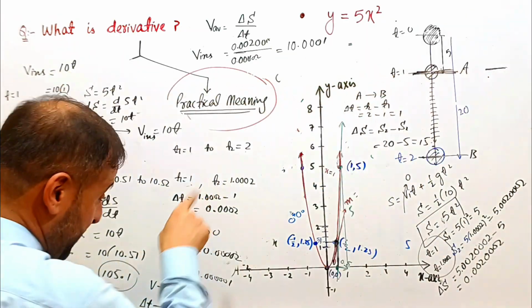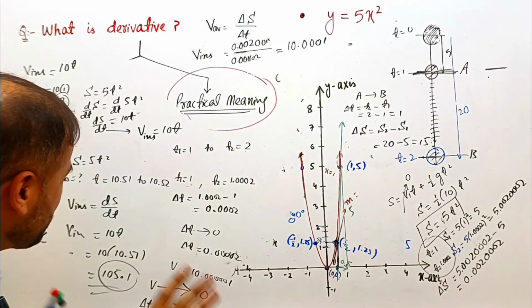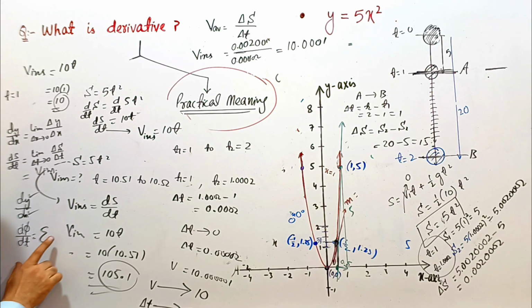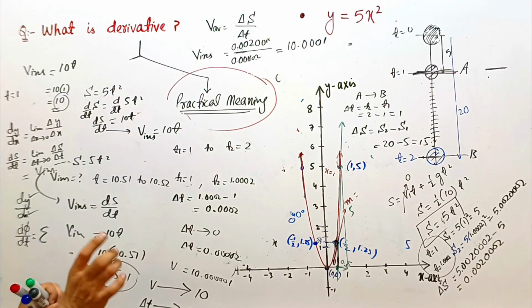Take X as always T. Now Y, if Y is S, it will give me instantaneous velocity. If this Y is velocity, this will give me instantaneous acceleration. If this Y is flux, and this is time, it will give me induced EMF.